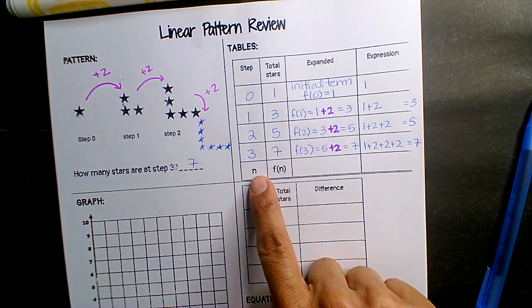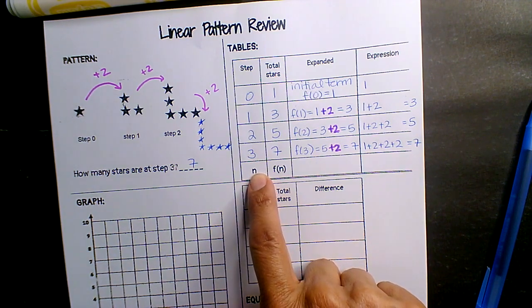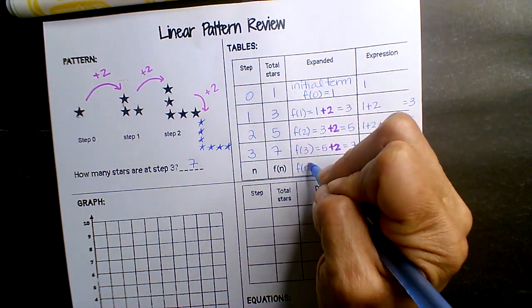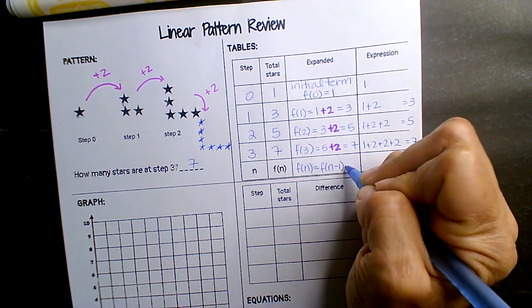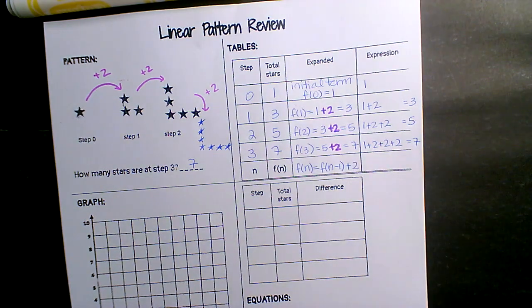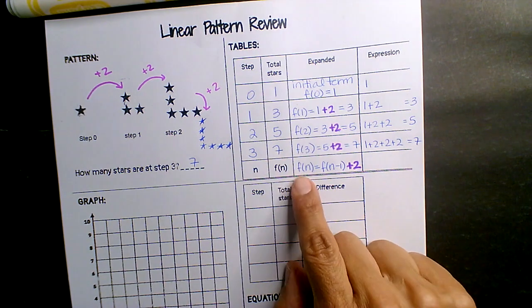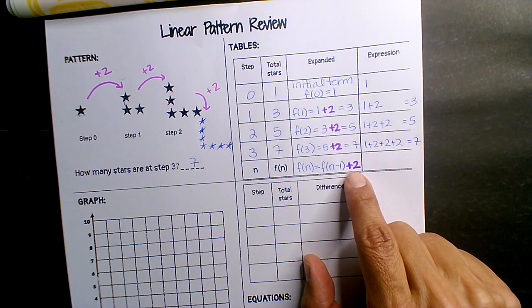So this is what you end up writing recursively: f of n equals f of n minus 1 plus 2, because the plus 2 is the constant growth, and if you ever want to know a term, just look at the prior term and add 2 stars.